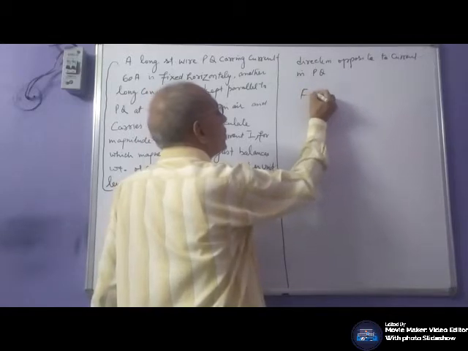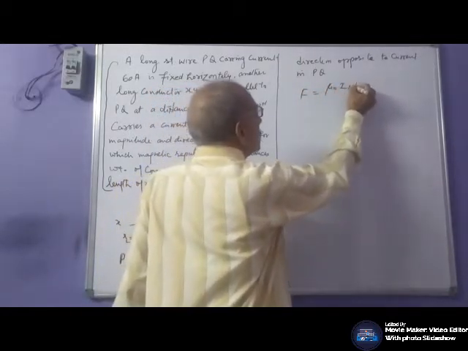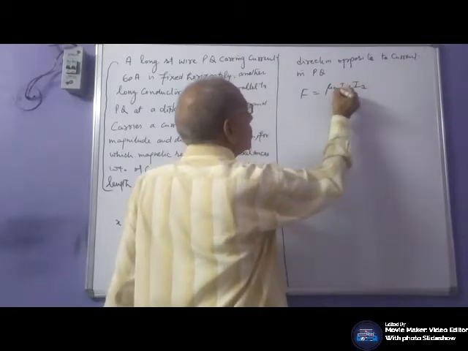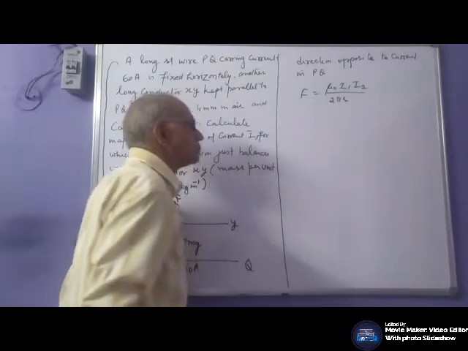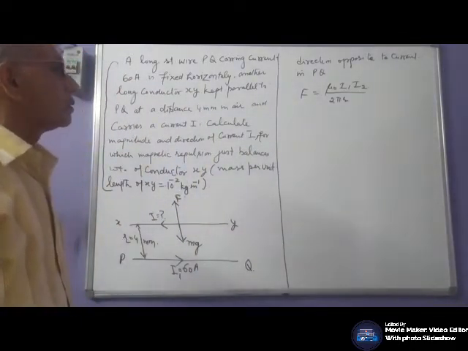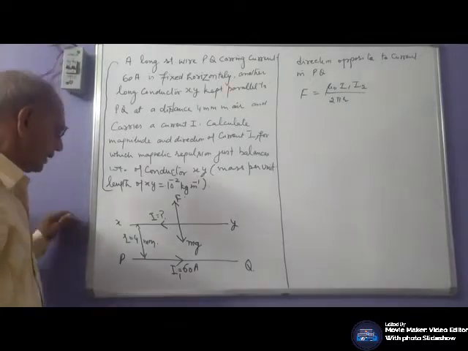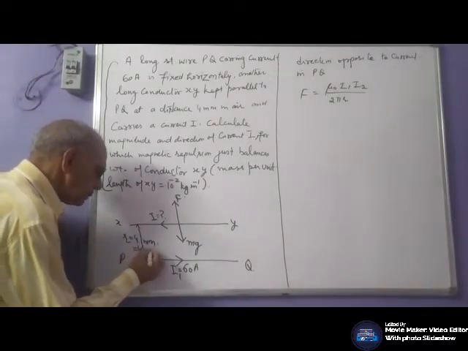We know F, mu naught I1 I2 over 2 pi r. This is force per unit length. It is 4 milli.